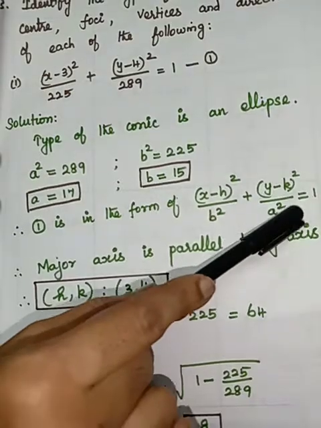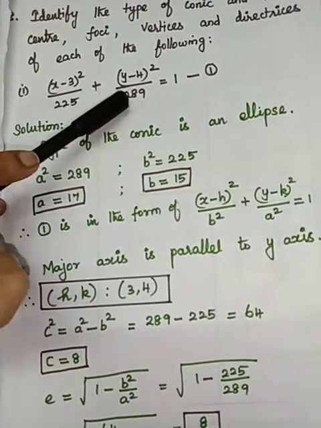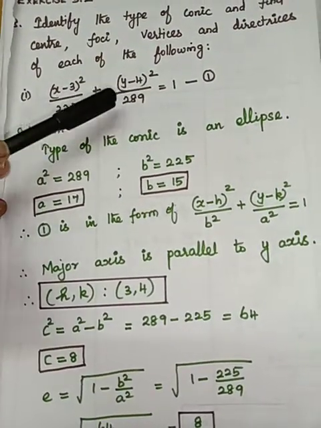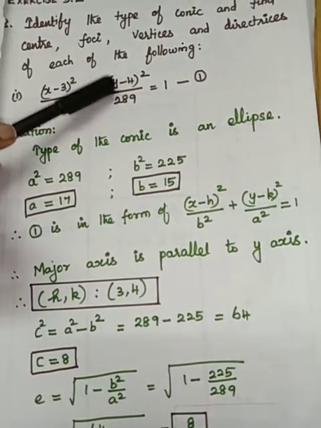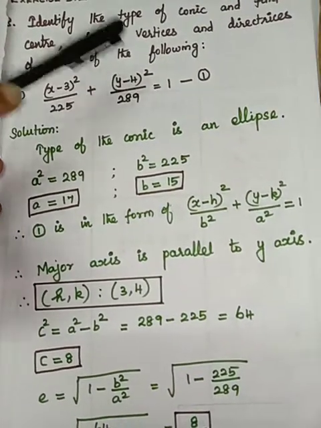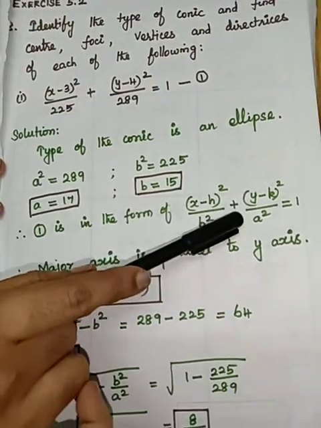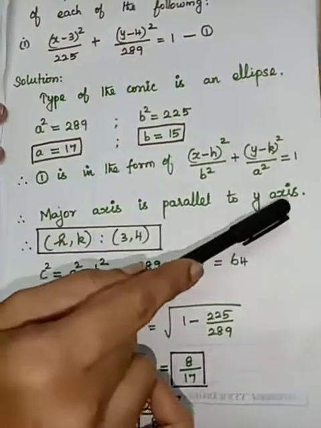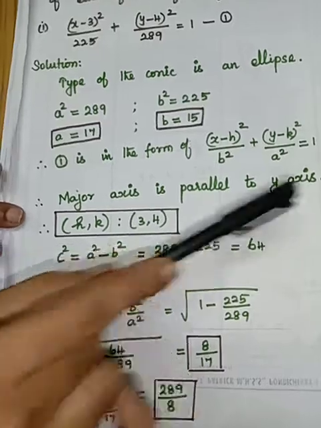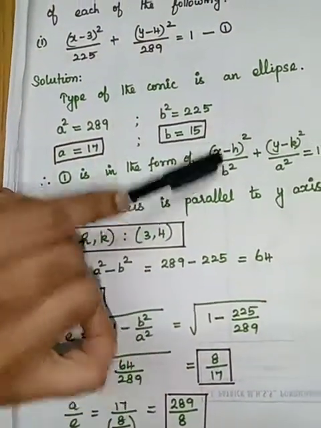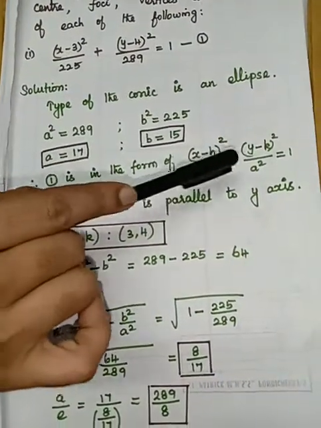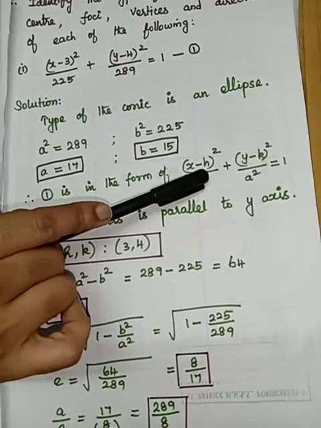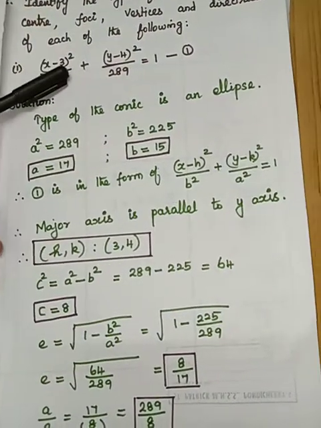You see the bigger number, 289, occurs below y squared, or y minus k the whole squared. So if it is so, your major axis is parallel to the y-axis. Okay, so from this result, when you compare this and this, this is the equation of the ellipse and this is the equation given.